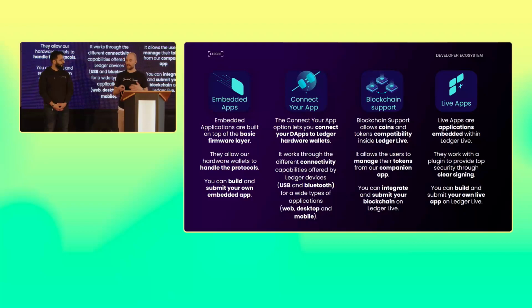And we also have live apps, which are all the decentralized apps that also live on this layer to interact with your device. You can build pretty much any of these layers and submit them and be integrated with Ledger.